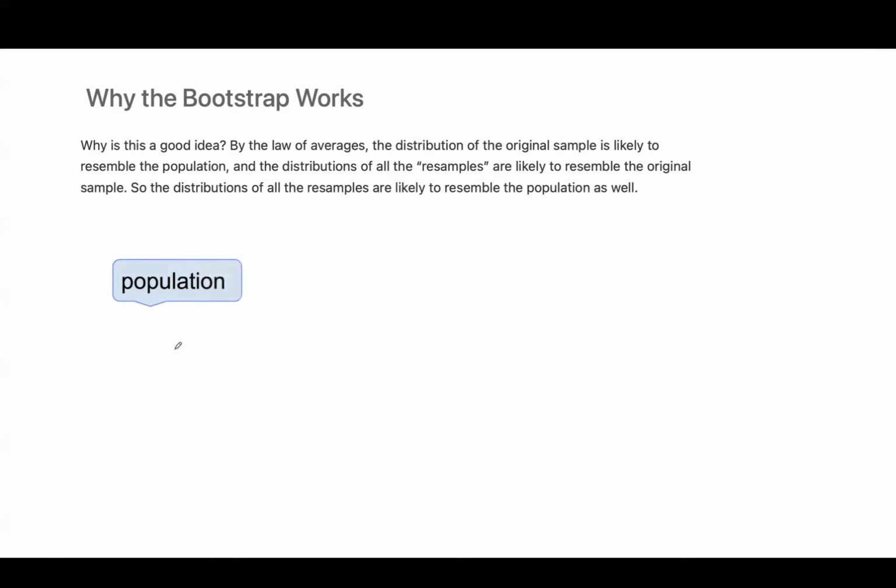So we have a population. Suppose this is the behavior of your population, and as you can see, it is skewed to the right-hand side.